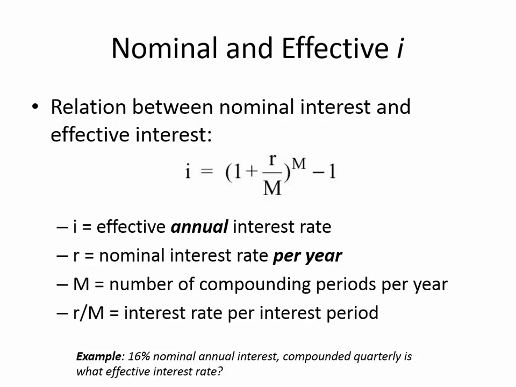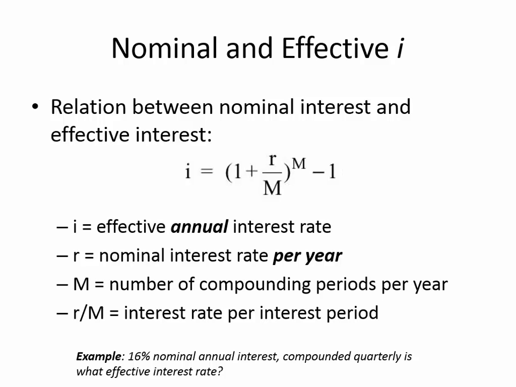Okay, so let's substitute that into the equation for the effective interest rate I. We've got 1 plus R divided by M to the M power minus 1. So that's 1 plus 0.16 divided by 4 to the 4th power minus 1.